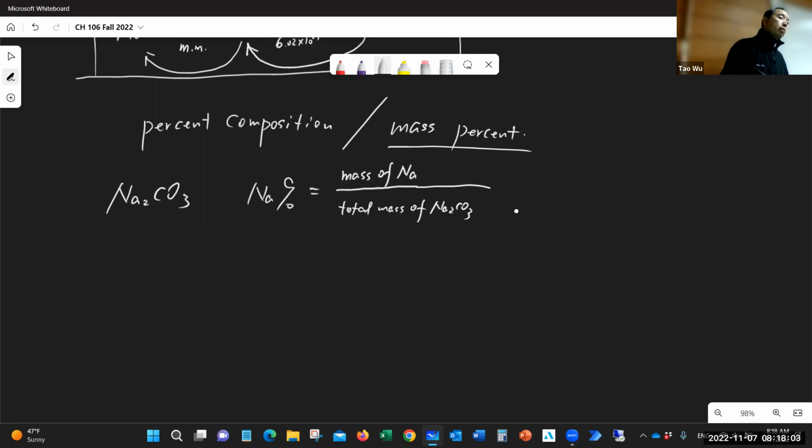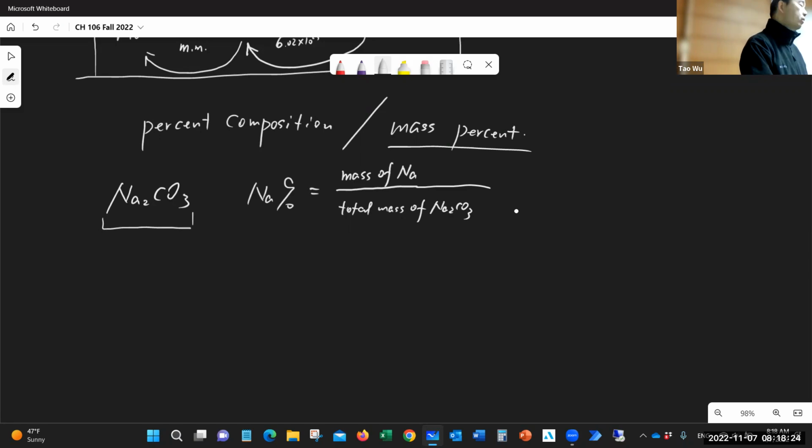Okay, the mass percent. Theoretically, you can just use the formula to figure out the mass percent, using the molar mass. Use the molar mass of the sodium times 2, since this compound has 2 sodium.